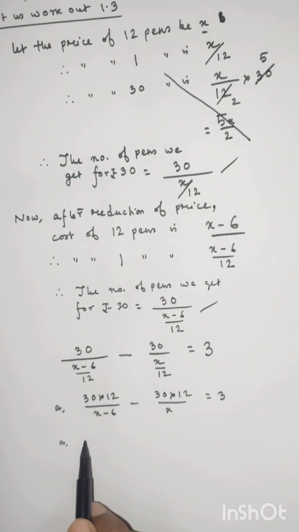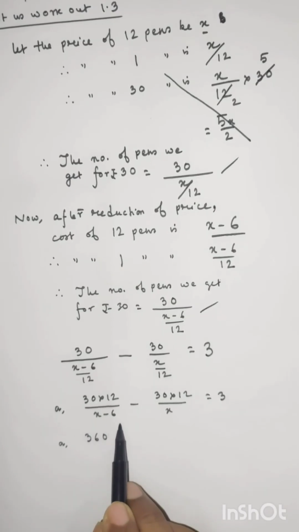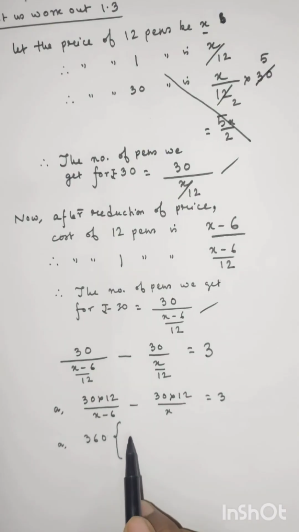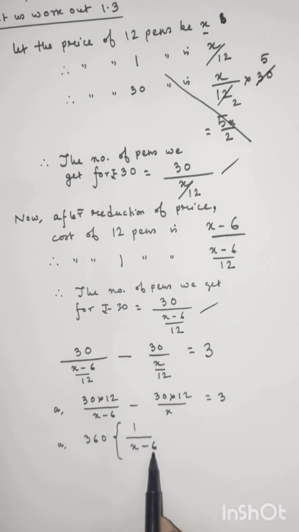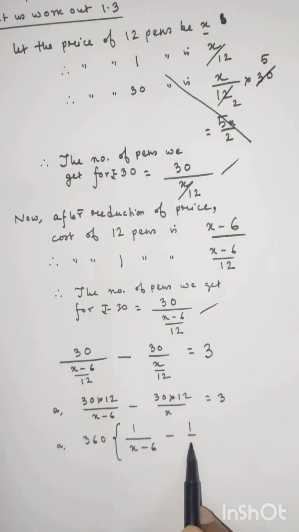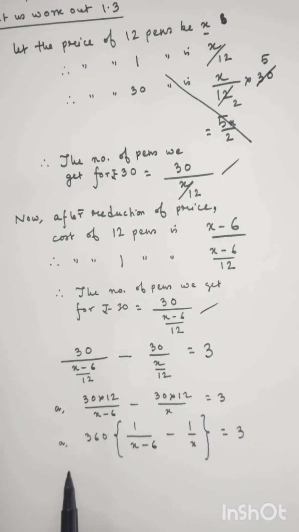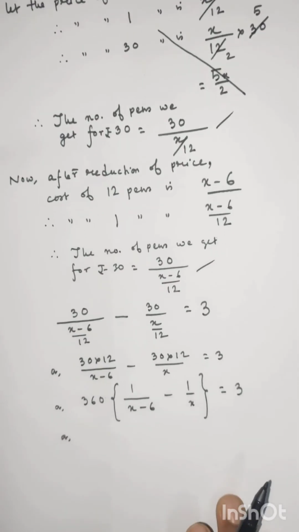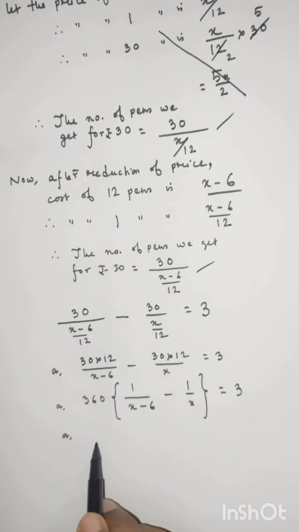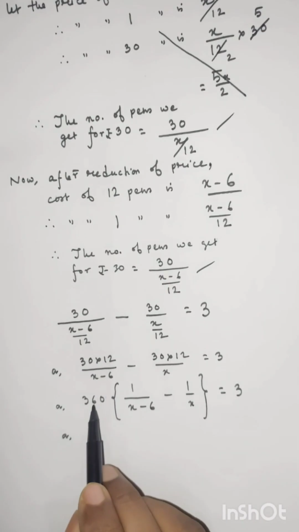We are taking 30 into 12 common. We are taking 360 to the right side.